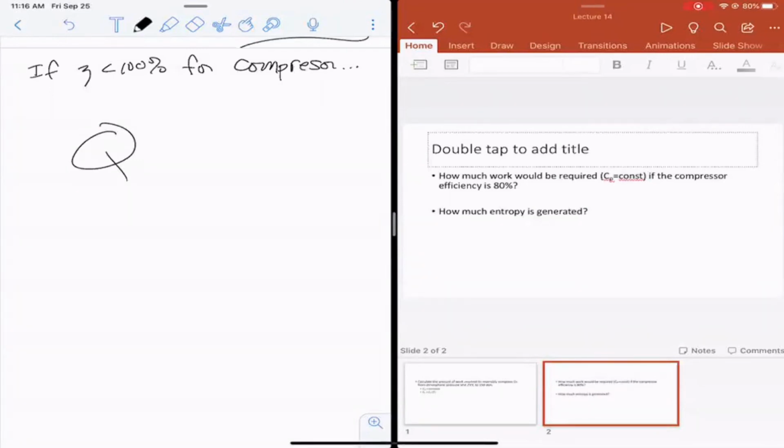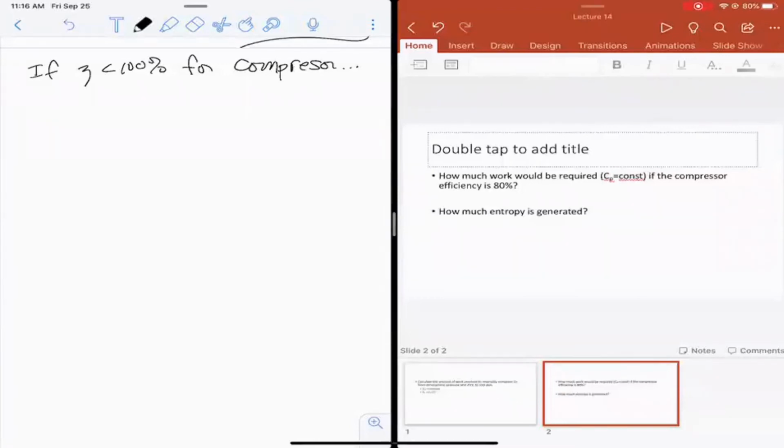Because you can still have an adiabatic system where the temperature goes up. So try if you can not to conflate heat and temperature. So at 100% efficiency, yes, the temperature goes up, but there's no waste heat that's generated, okay?